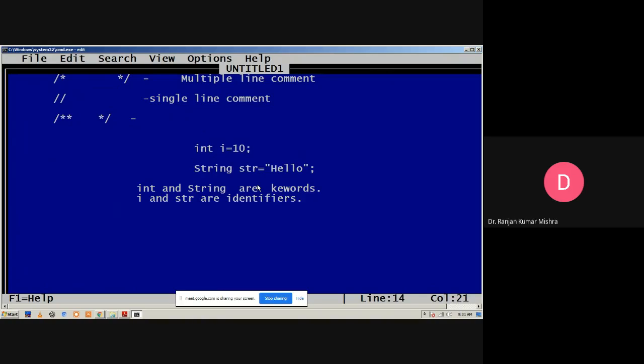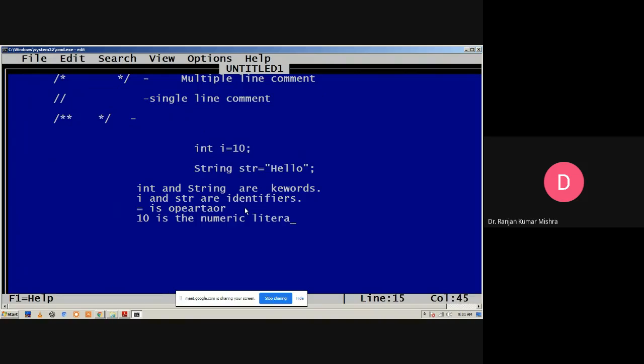And here the equal to is an operator. This is known as the assignment operator. And n is the numeric literal.